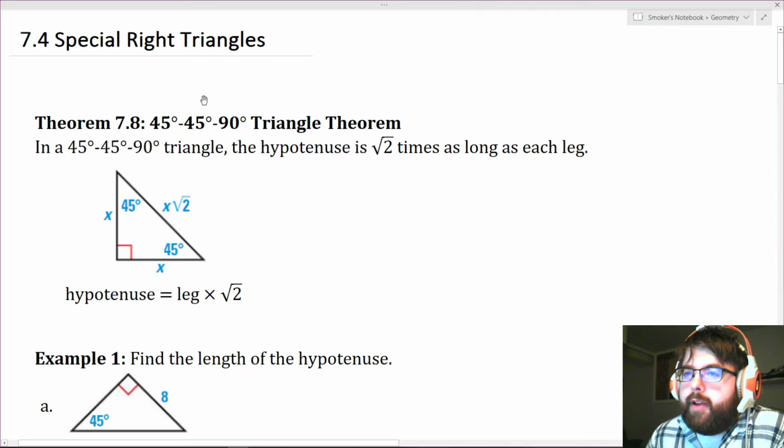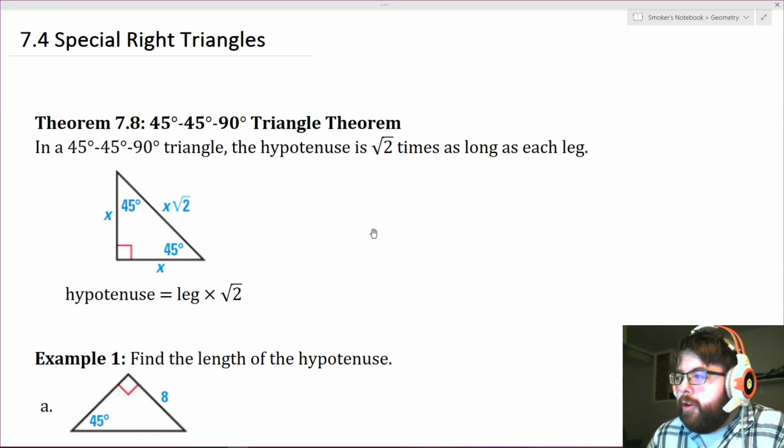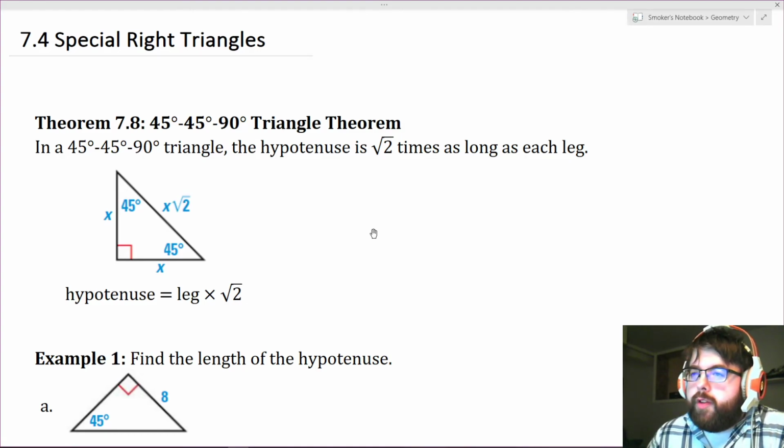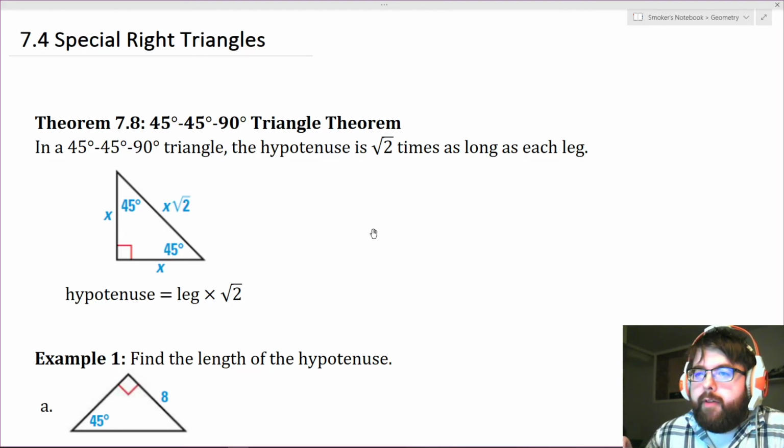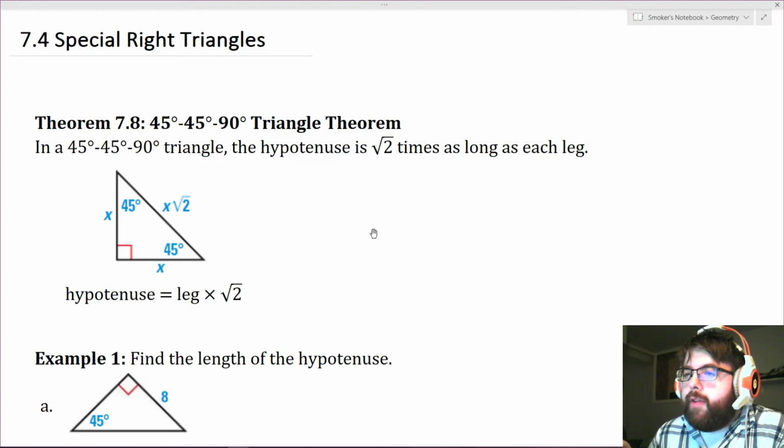Now, there's a couple of triangles that are special. What makes them unique is, unlike the other right triangles that require two sides, and then you can find the third, there are two cases of right triangles where you don't even have to be given two.